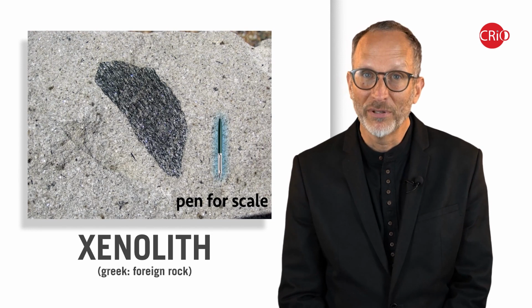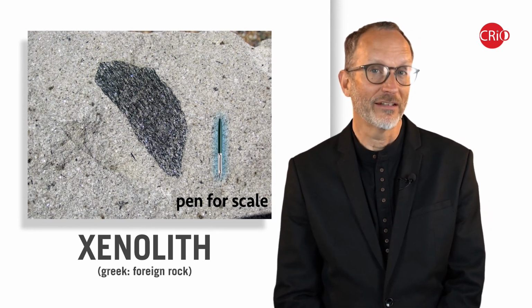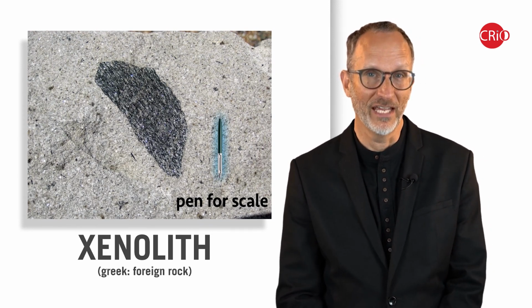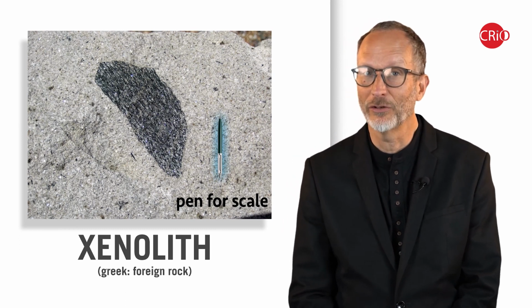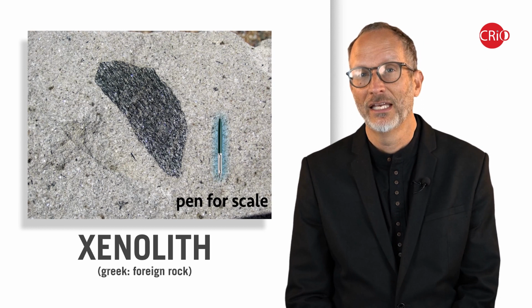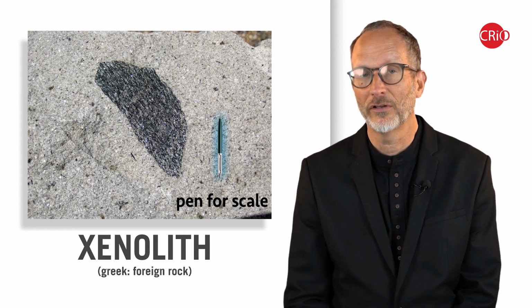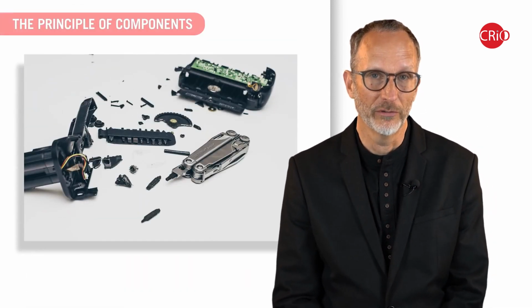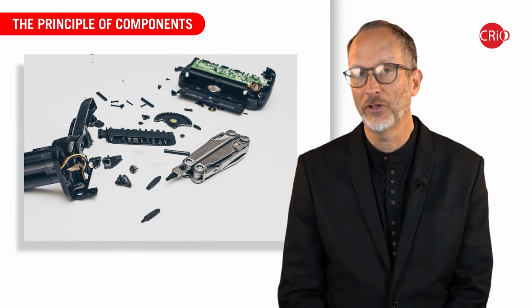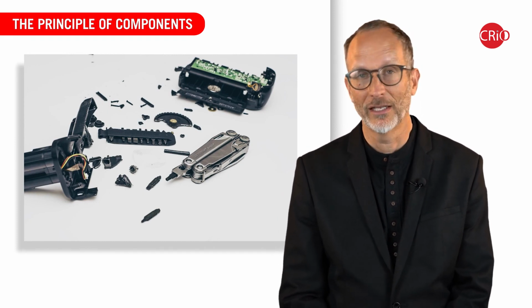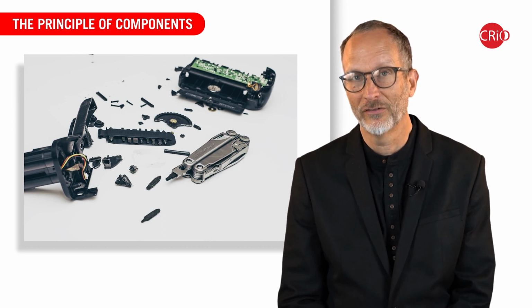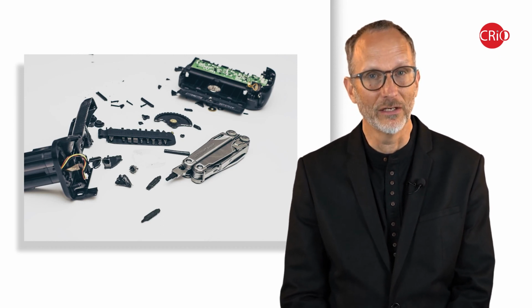A big step for our understanding of the relative ages of geological events by looking at the record of the rocks is something called the principle of components. We've looked at Steno's laws, which tell us about layers, that older layers tend to be covered with younger layers.